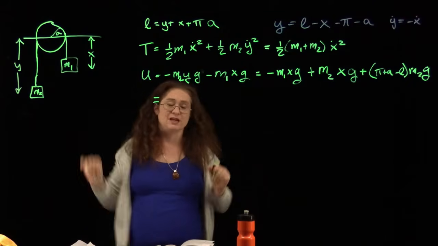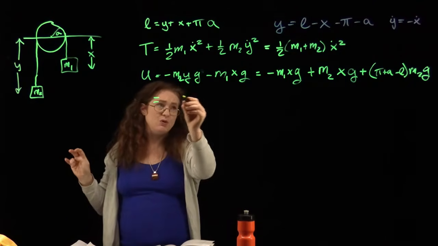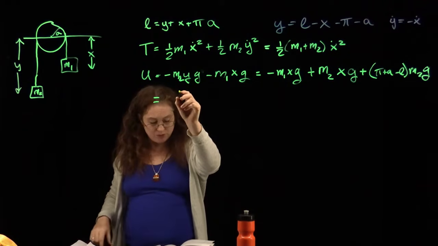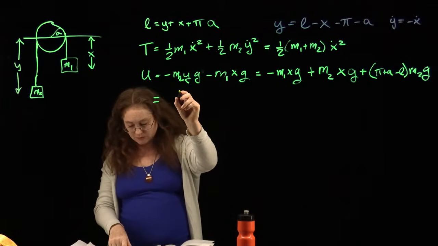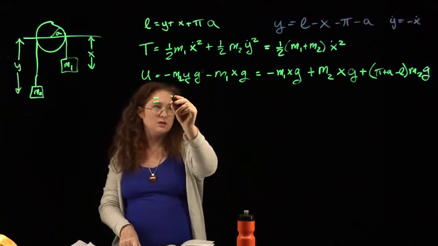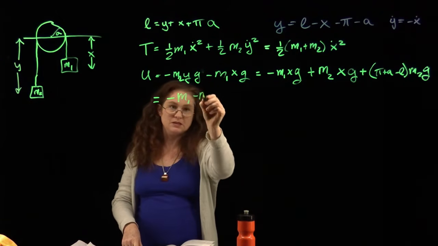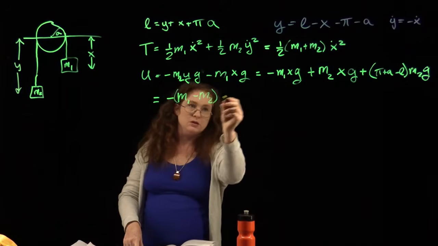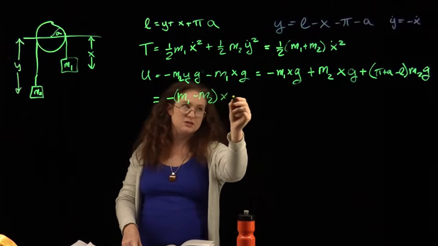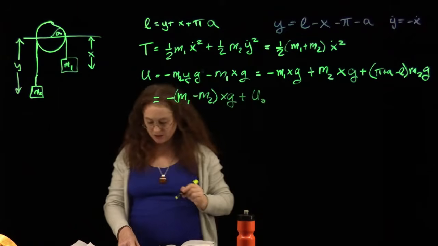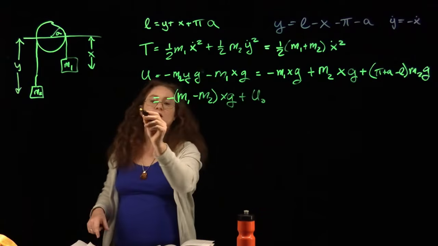There is an offset there, but the real point is that you have a term which looks like negative m1 minus m2 x g plus some constant.